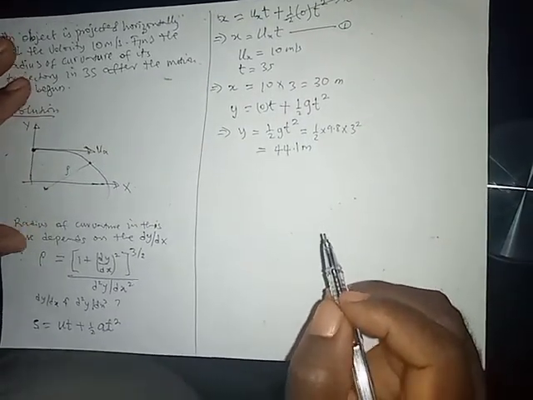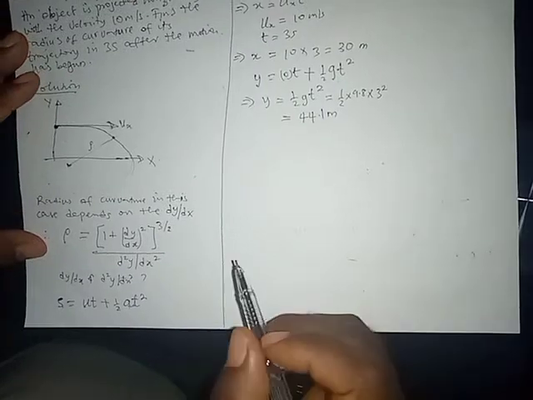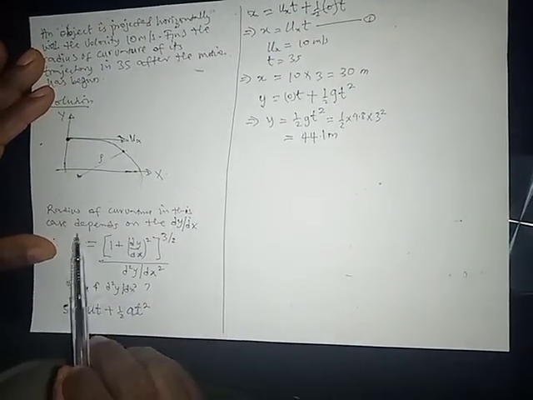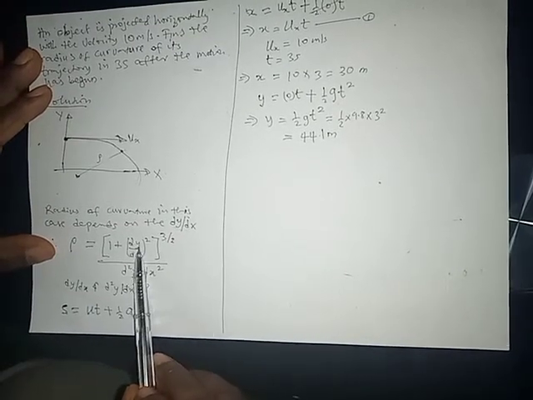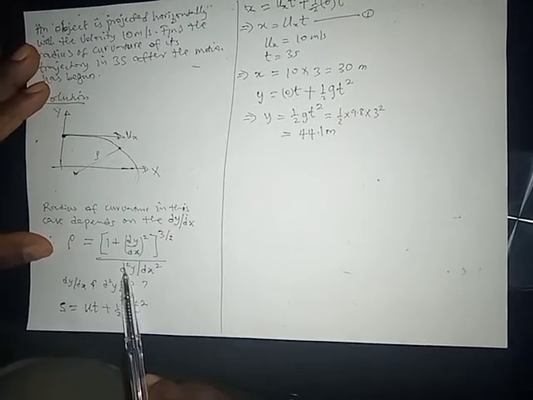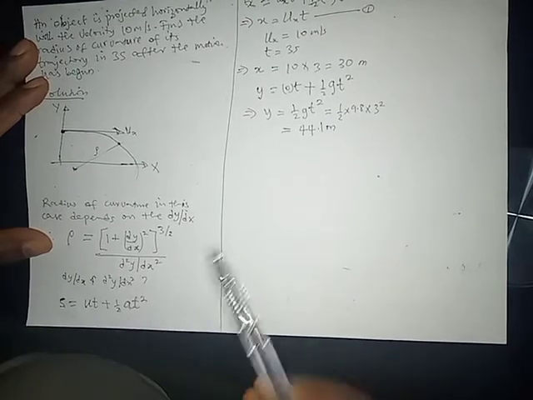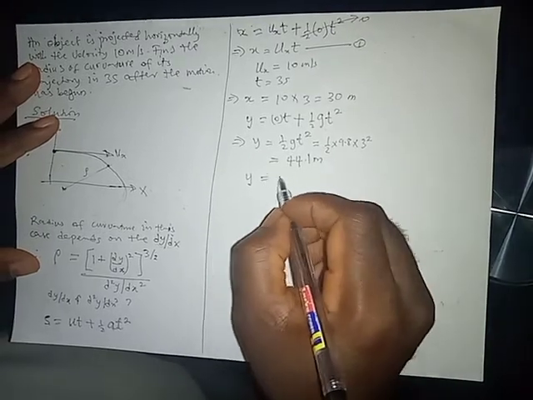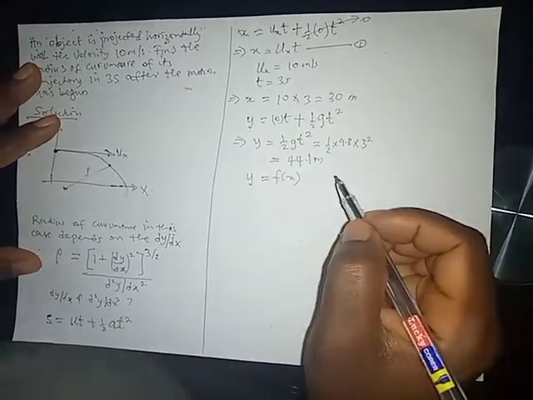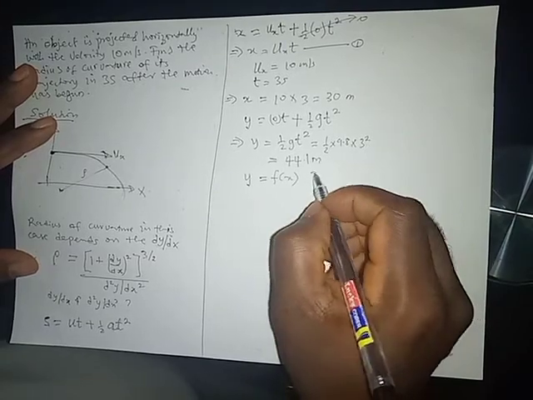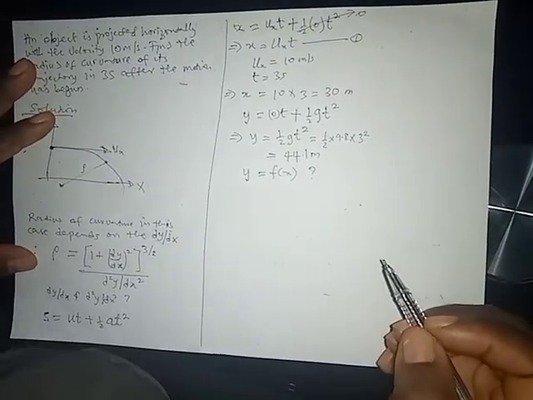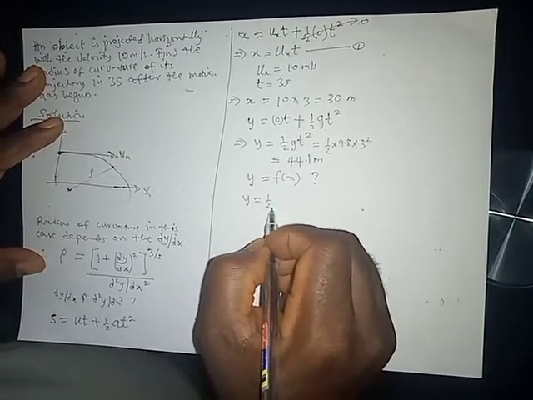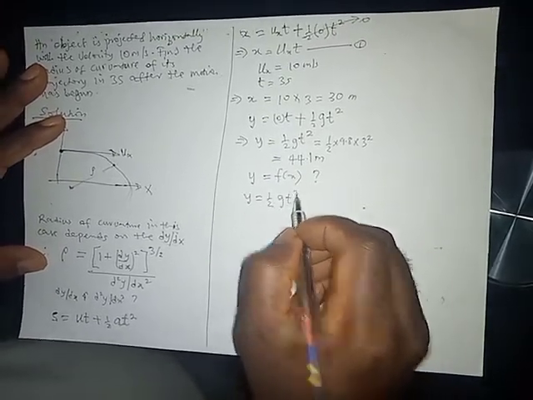Now, like I said earlier, the radius of curvature depends on, if you look at the formula here, dy/dx, and then the second derivative of that. So how do we actually write y as a function of x? This is very important to us. So we have y equals half g t squared.